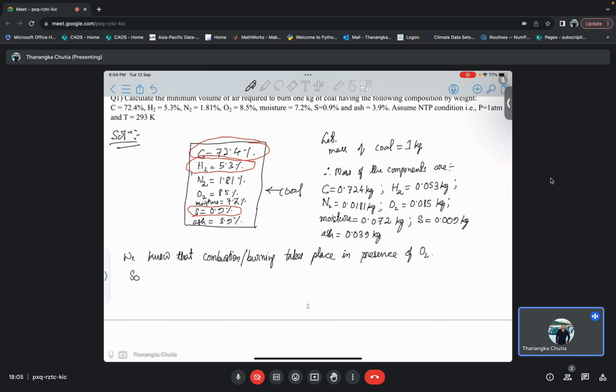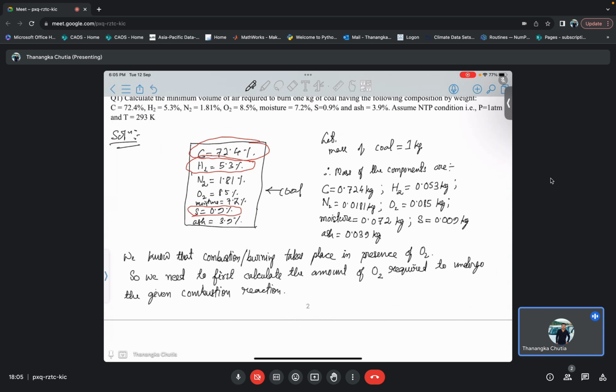So what we have to do is first calculate the amount of oxygen required to undergo the given combustion reaction.